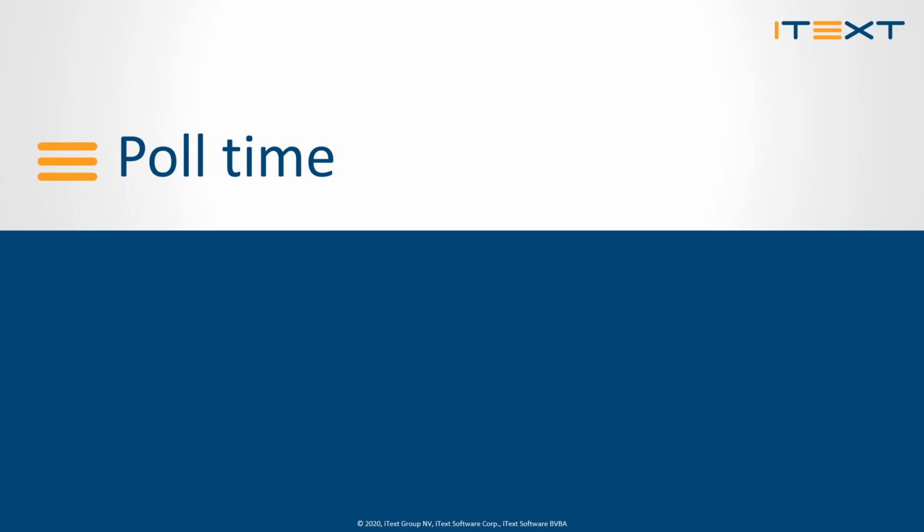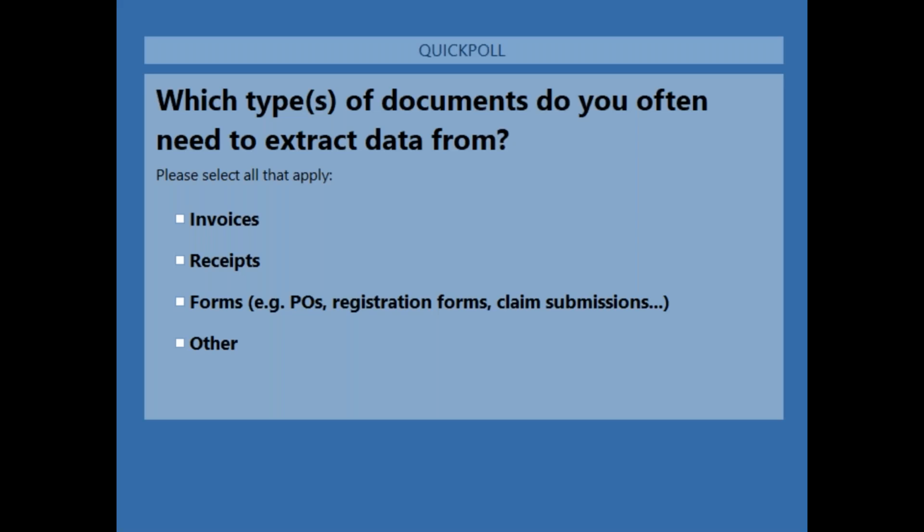Okay, so let's do this poll now. Before we go into the demo, we thought it would be interesting to see what kind of documents you typically need data extraction from. So I'm going to launch the poll. Normally you should see it now. Which types of documents do you often need to extract data from? And you can select multiple responses.